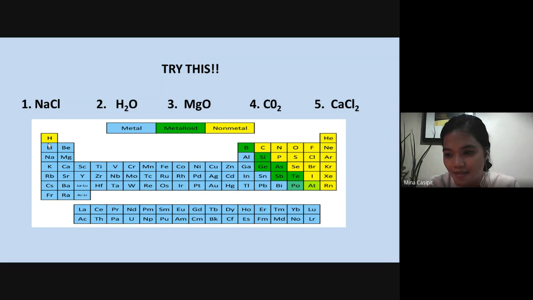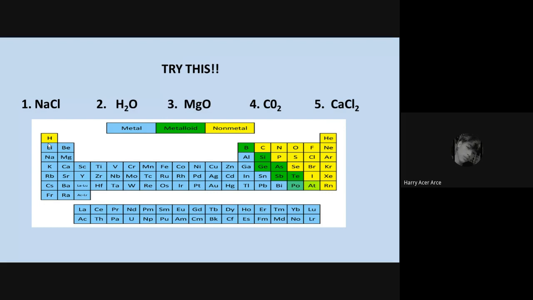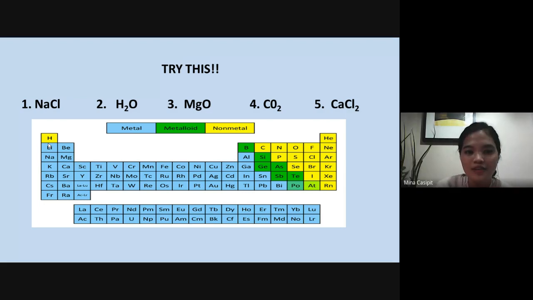Yes? Harry. Number 1 po is ionic, tapos po yung name niya is sodium chloride po. Sodium chloride. What are the elements present first? Sabihin mo, Na, kung ano siya, metal, Cl, non-metal, ganon. Tapos, kung anong klaseng compound and then the name of the element para malinawan ng ating mga kaklase. Yes, Harry, please.